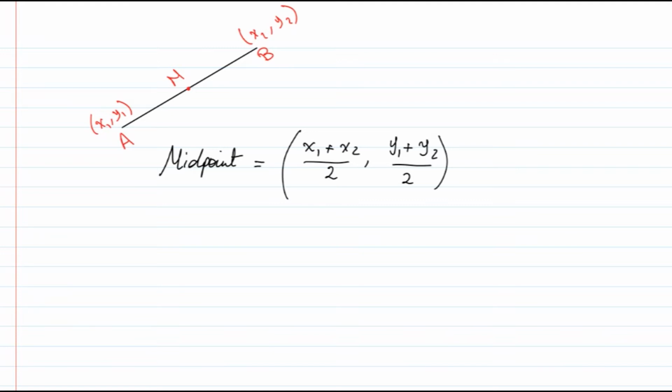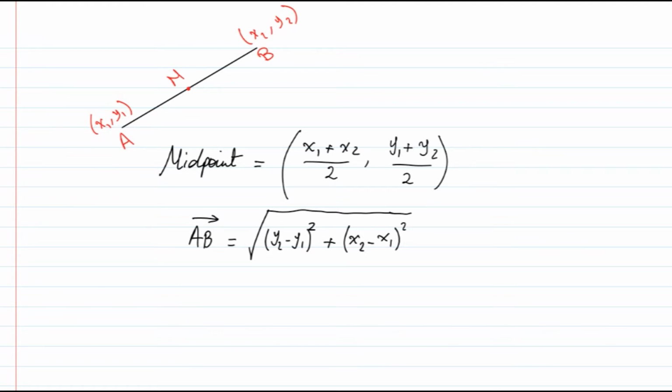Now if we want to find the distance AB, simply we substitute in this formula. Distance AB is equal to the square root of (y2 minus y1) squared plus (x2 minus x1) squared. This is the distance formula, and this is the formula for finding the midpoint.